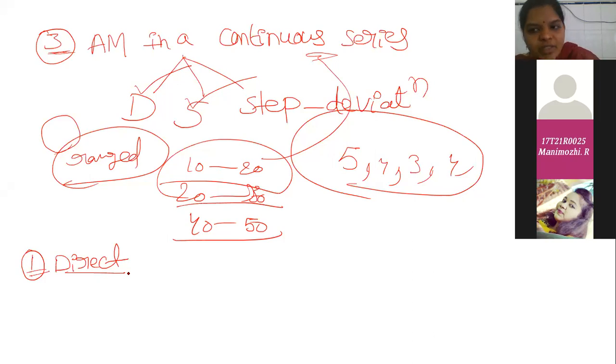In a continuous series, the arithmetic mean may be calculated after taking into consideration the midpoint of classes.